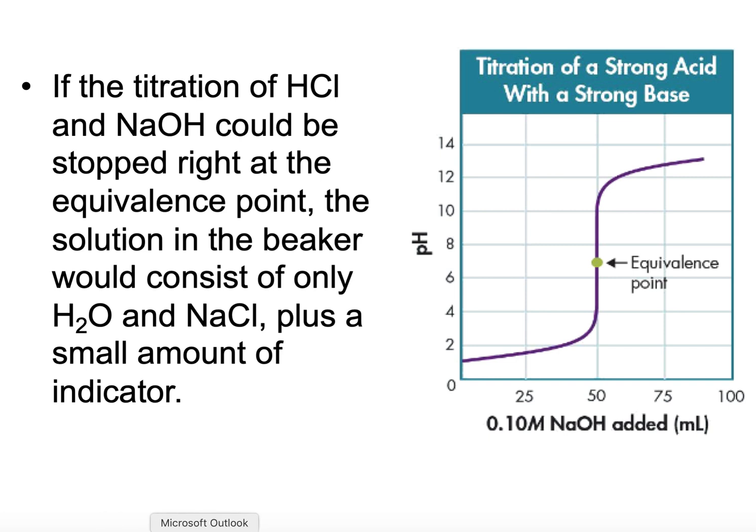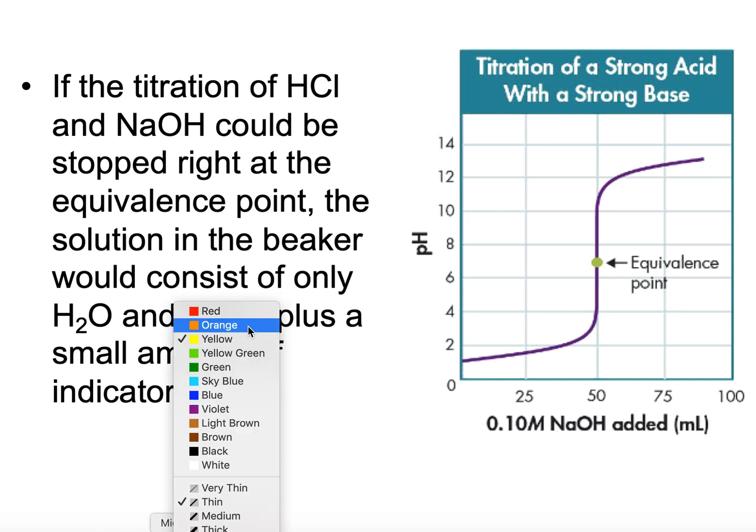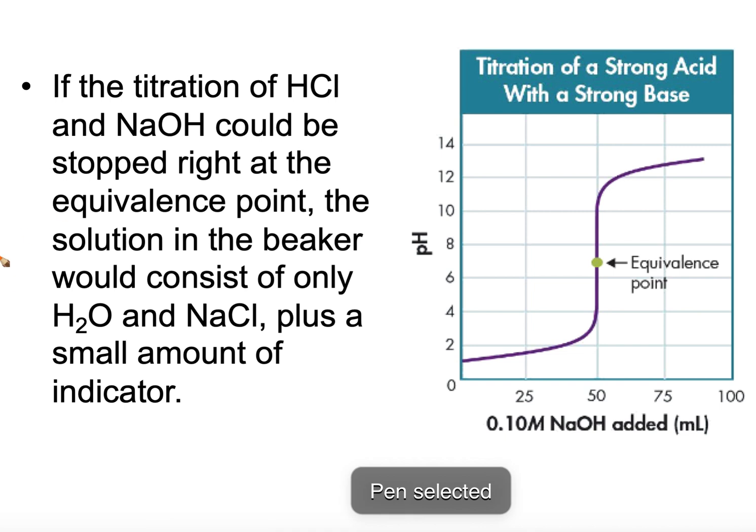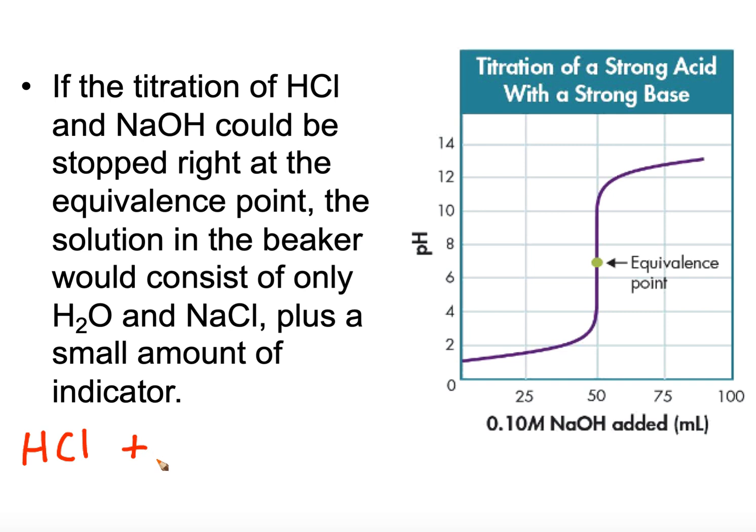Because we know in a neutralization reaction, our acid is HCl, and our base is NaOH. So, at the equivalence point, 7, all we would have left over is our salt, NaCl, and our water, H2O, and some indicator.